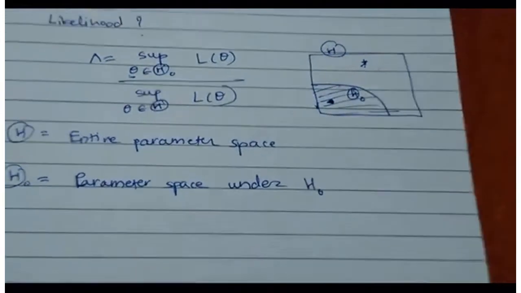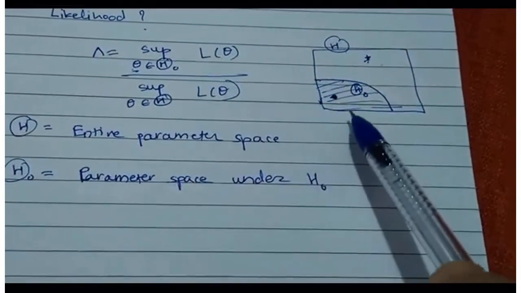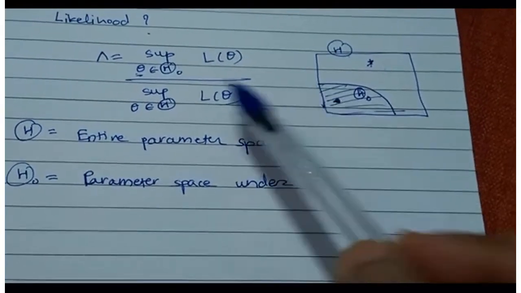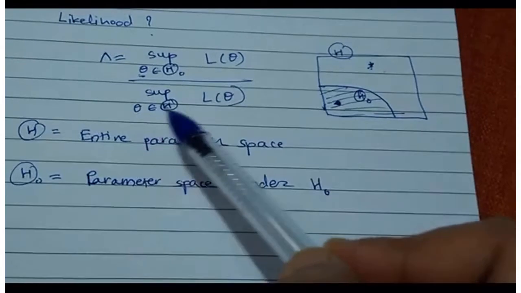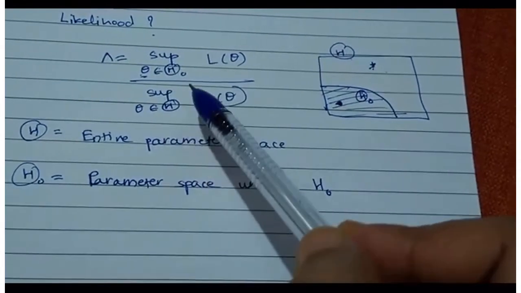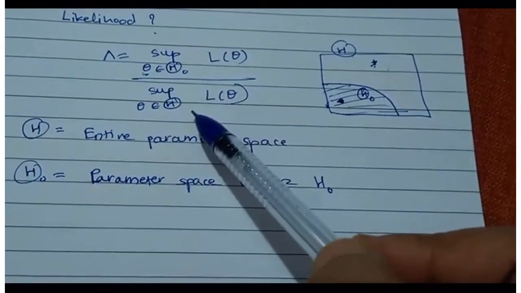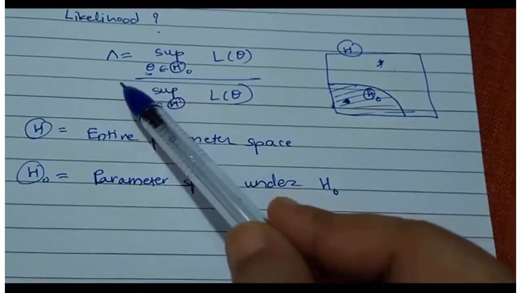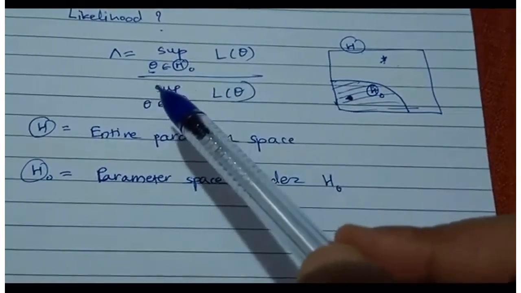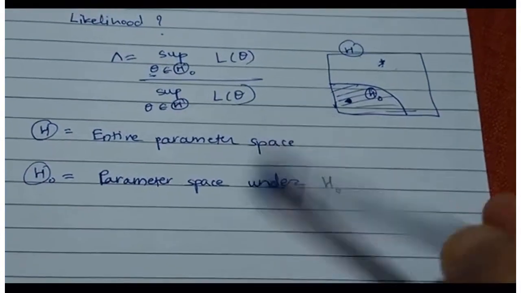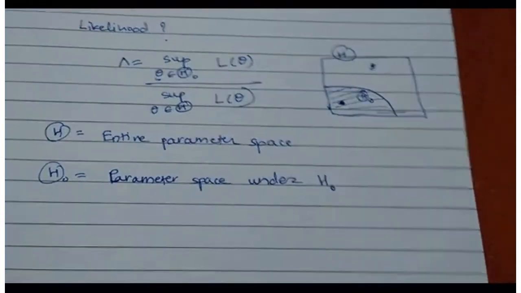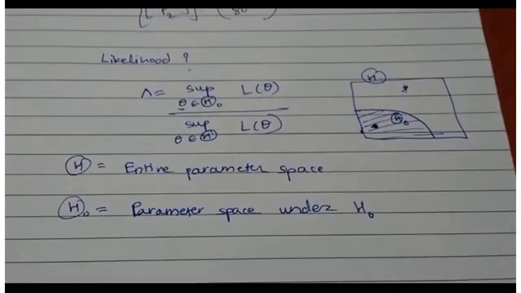So if at all this value is highest, then the supremum over script theta naught and the supremum over entire script theta would be exactly the same. As a result, my lambda would be equal to 1. However, if they are different, what can I say about lambda? Can my lambda take any value, or can it take any positive value, or something else?